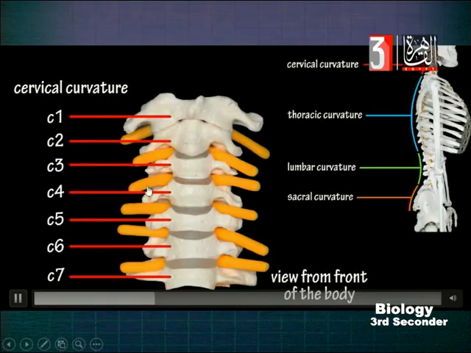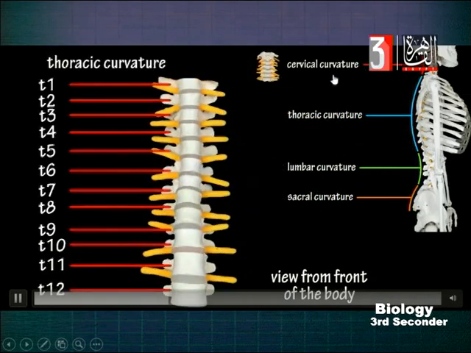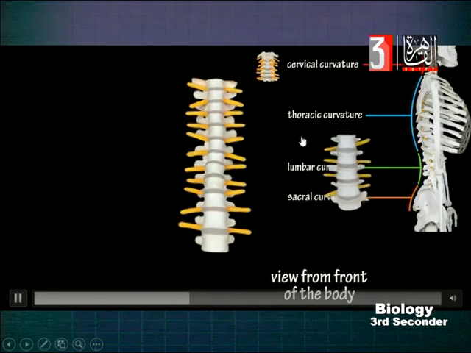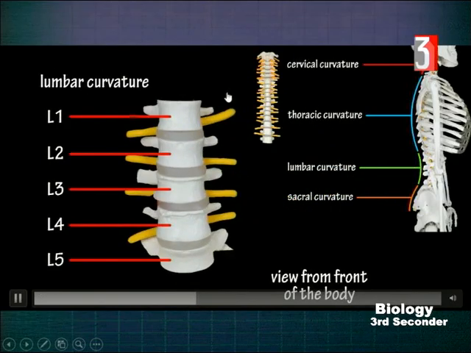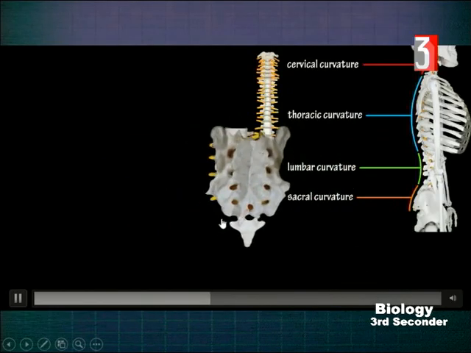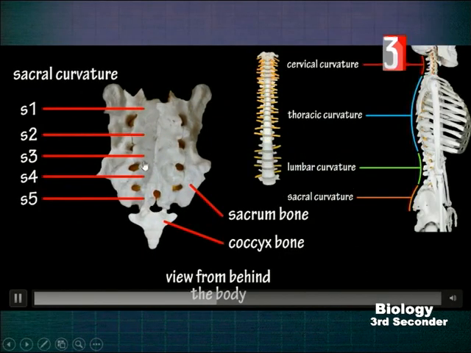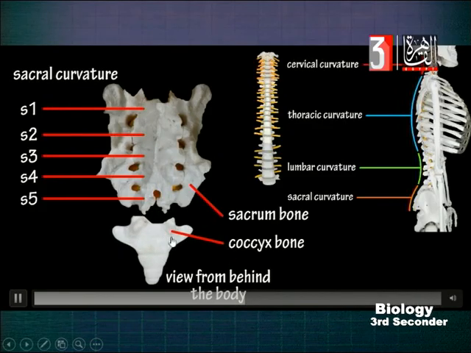The cervical curvature or cervical region is the neck and consists of 7 bones. The thoracic region consists of 12 bones; T1 means vertebra number 1 in the thoracic region. The lumbar curvature consists of 5 vertebrae, the largest in size. The sacral curvature consists of 5 sacral vertebrae, while the coccygeal region consists of 4 vertebrae.